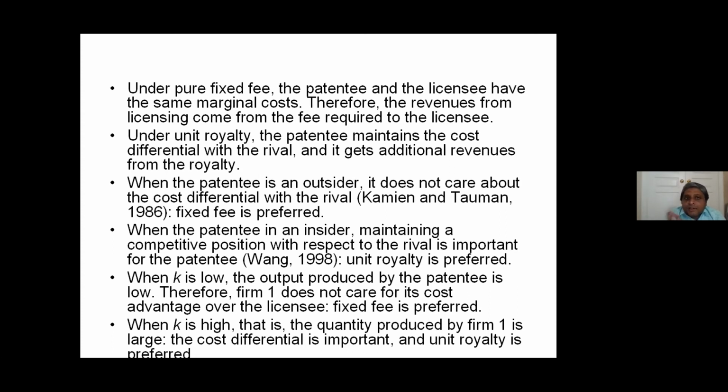So it depends. Yes, there are results like that. For large N, a royalty can be superior. For a relatively large industry, unit royalty can be superior even for an outside innovator, even without uncertainty. I see. This is the result of Sen 2005.